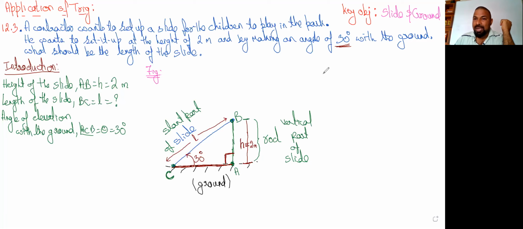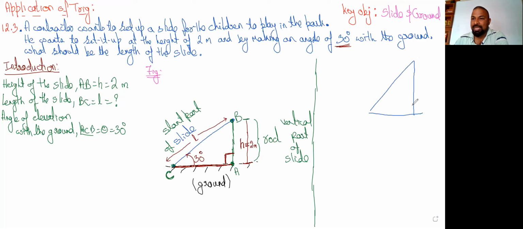Okay, now we came for the introduction, and what we got is the figure. Right, now let us go for the diagram we are having here. Straight away we are supposed to draw a right angle triangle. It's a right angle triangle, 90 degrees here, A, B and C, and the angle here is 30 degrees, and here H equals 2 meters, and he is asking us to find L. Right, this is the given part and this is the questioned part.